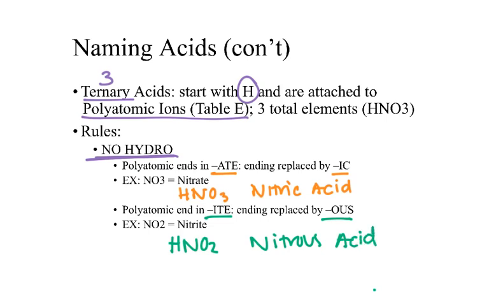You have to keep an eye out for what the ending is. Right, so if our ending is ate, we change it to ic. If our ending is ite, we change it to -ous. So those are our ternaries. Remember binaries: hydro, change the ending of the second element to ic, and then add acid at the end.